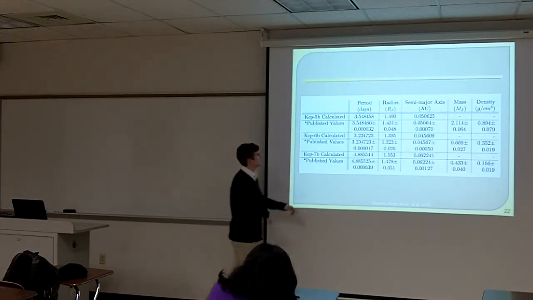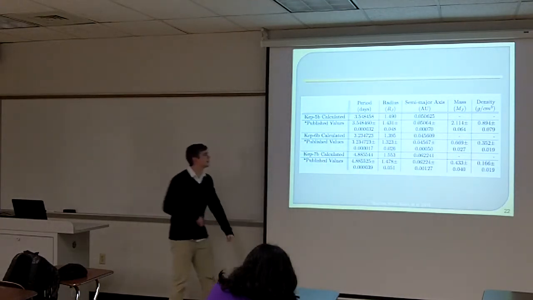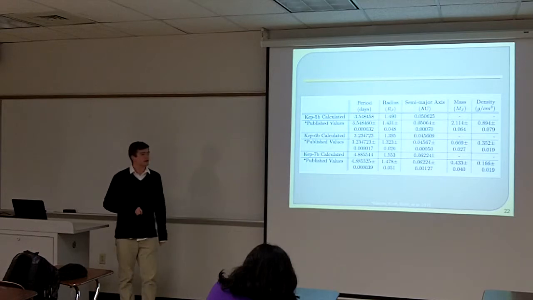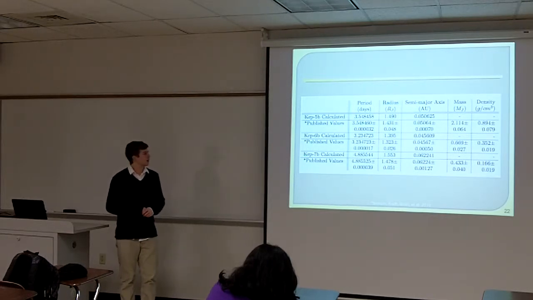One of the few exceptions is the radius for 7b, which wasn't explained by their error. But we can also see that each of these is quite large.